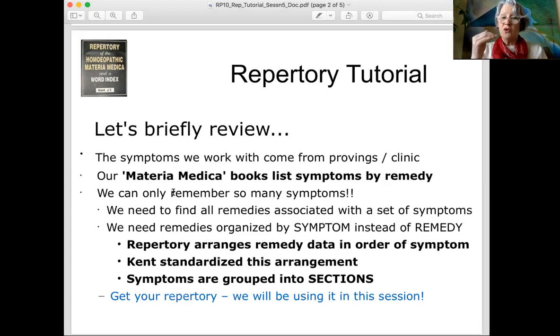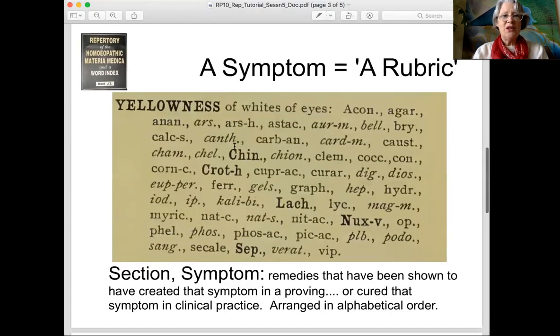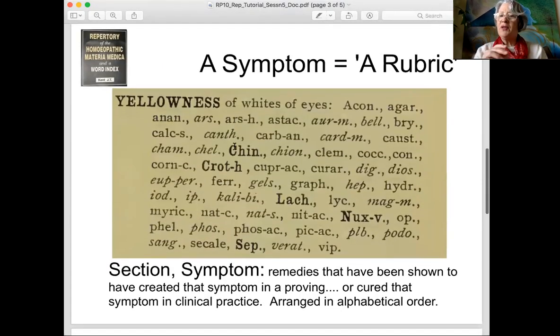And the symptoms are grouped into sections, so I hope you've got your repertory there with you, because we're going to be using it during this session. So we just have another example. A symptom is represented in the repertory as a rubric. The word rubric means red, and it's a red letter notable item.